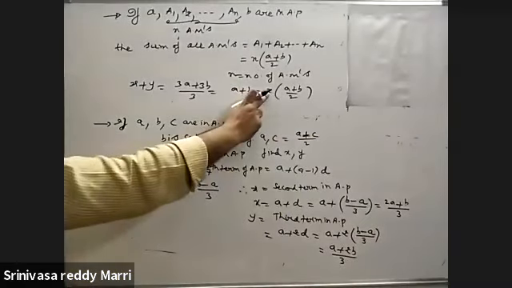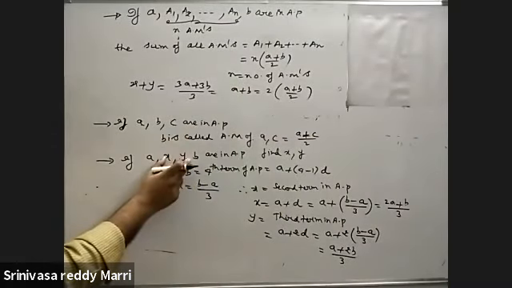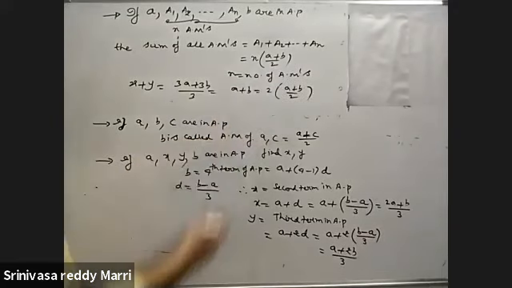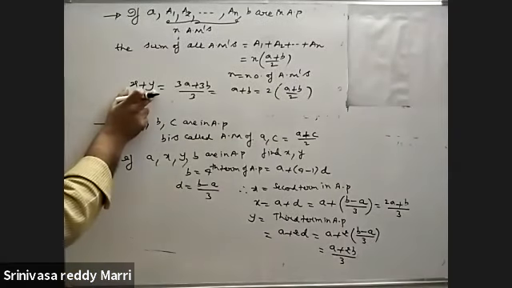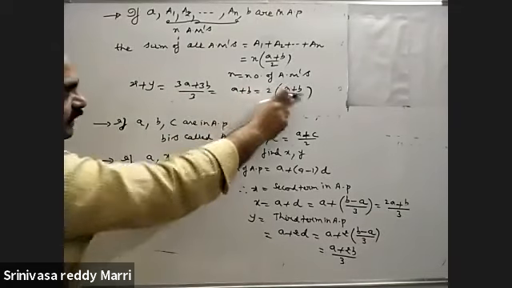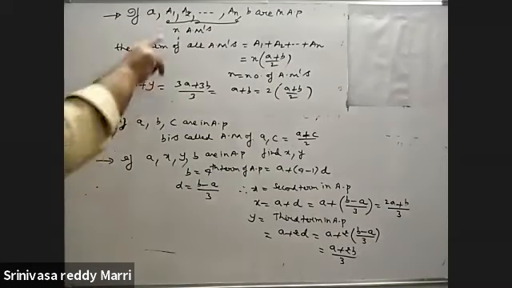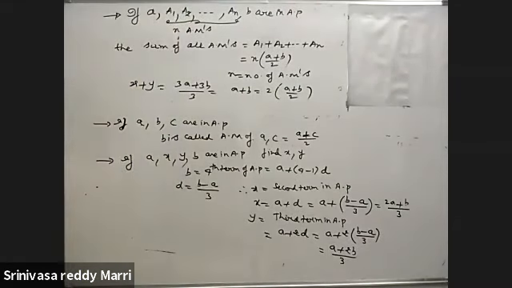N is the number of AMs, which is 2. That means X plus Y equals 2 into (A plus B) by 2. Like that, if any number of AMs are there, the sum of all the numbers between first term and last term equals N into (A plus B) by 2.